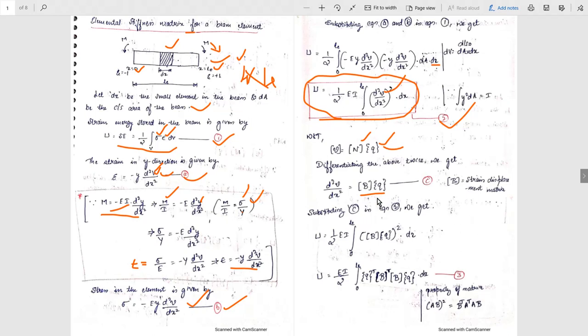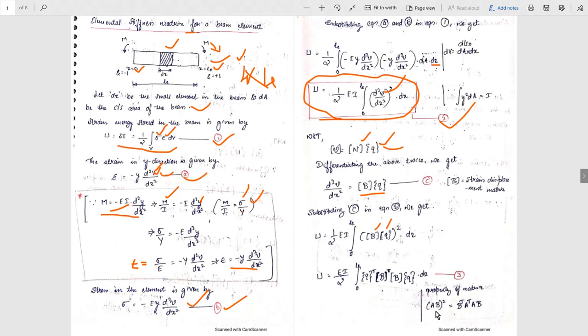Now substitute this d square v by dx square in this equation. So this is what you get here. When you square this B into q, we know B and q are matrices. We cannot write B into B, q into q, so we are violating the matrix property.